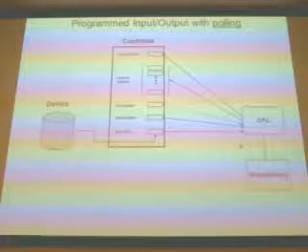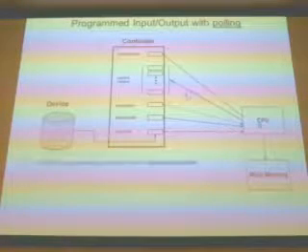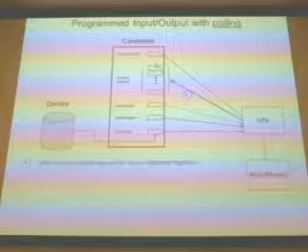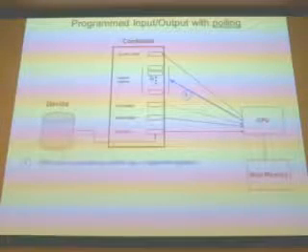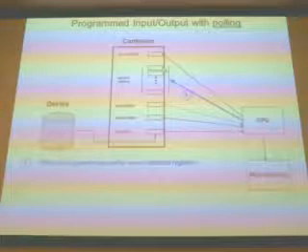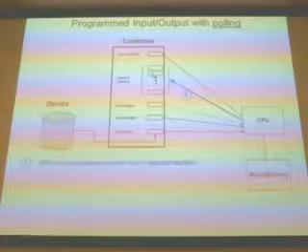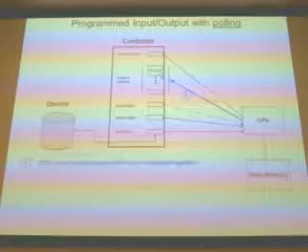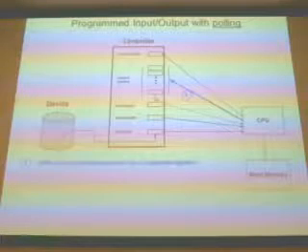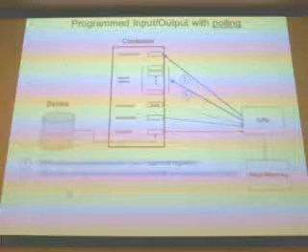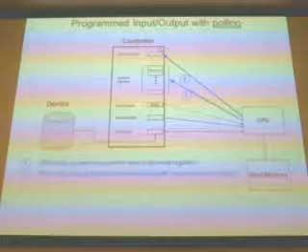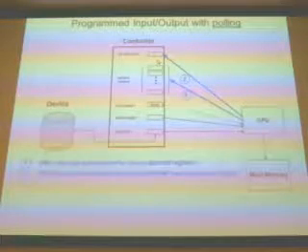So we have the CPU, we have memory. Step one, we set up the register with all the parameters. Let's suppose that it's a hard drive. So we can say track 5, sector 2, and then any other information we need. And then we can put here the operation, read or write.